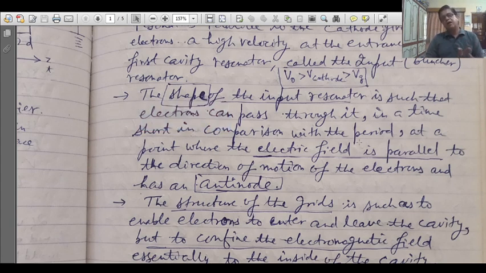Within that short time, the electrons enter at a point where the electric field is parallel to the direction of motion of the electrons, that is, at the antinode.